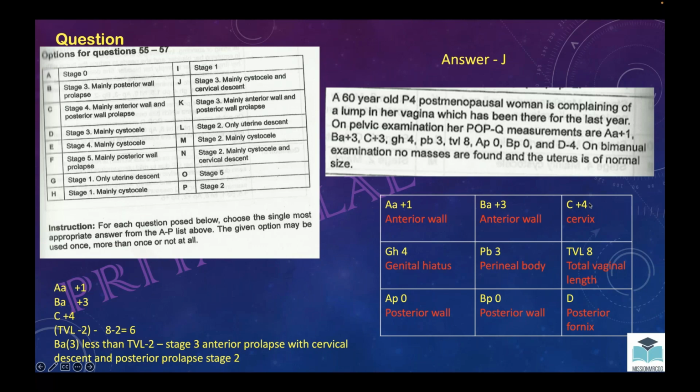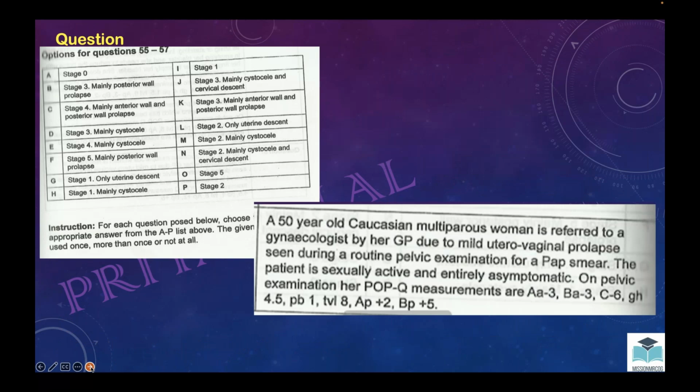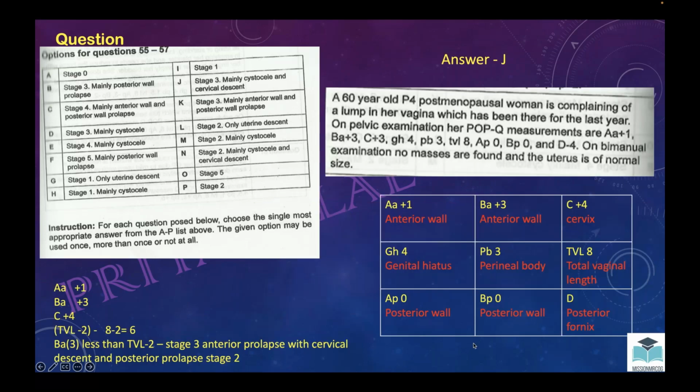Ma'am, could you please explain the TVL minus 2 in the previous picture? TVL is 8, it is given, and minus 2 is 6. Normally the cervix point should be minus 6.